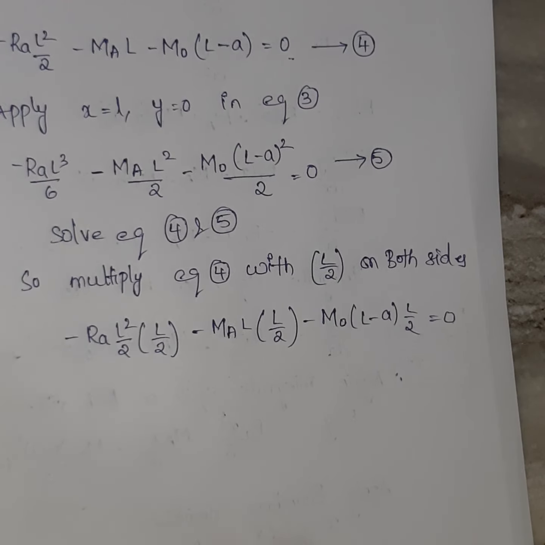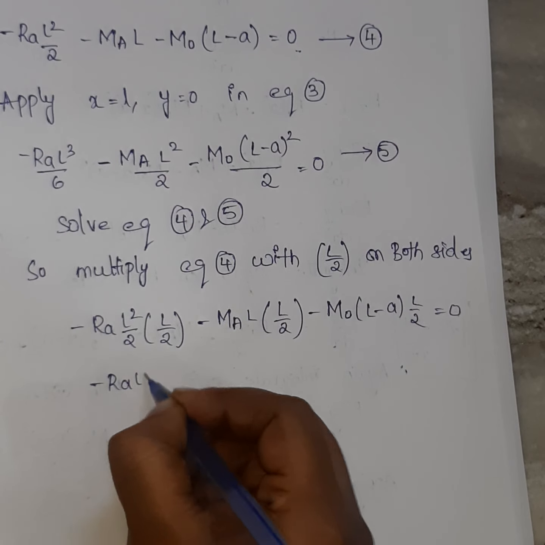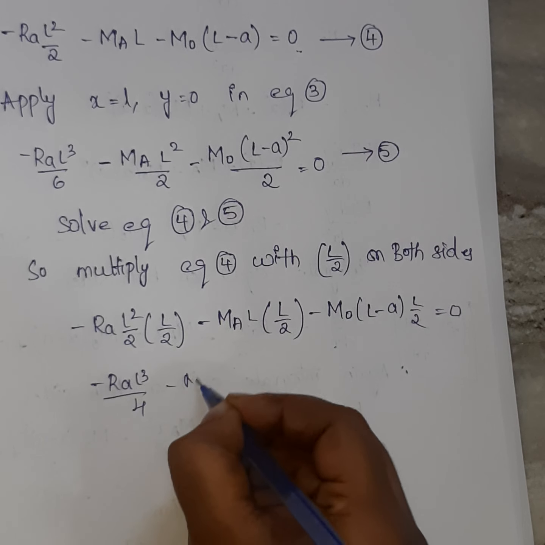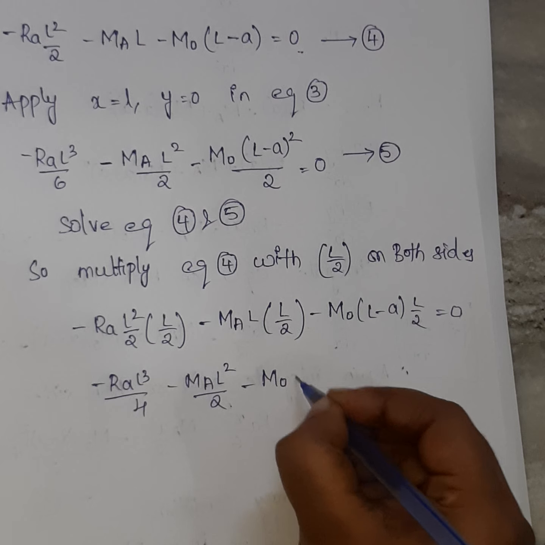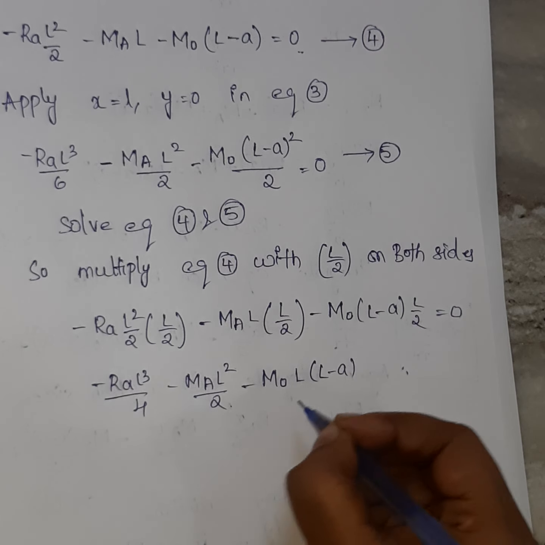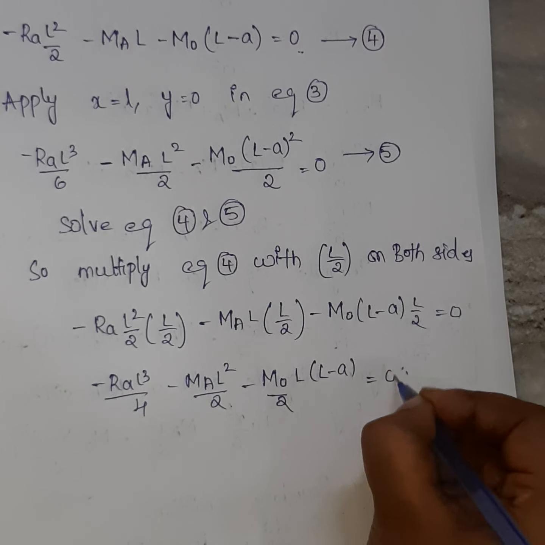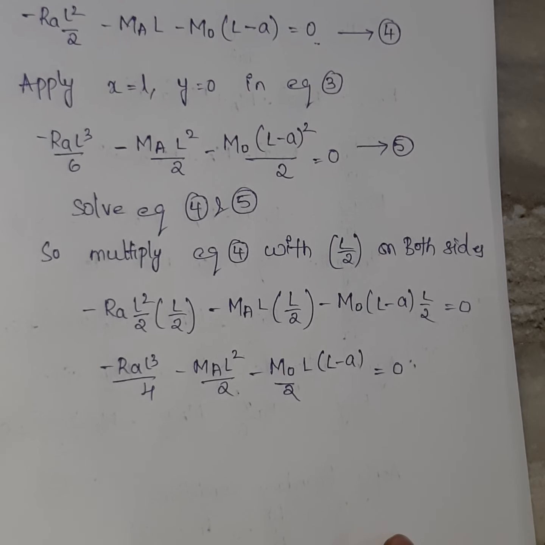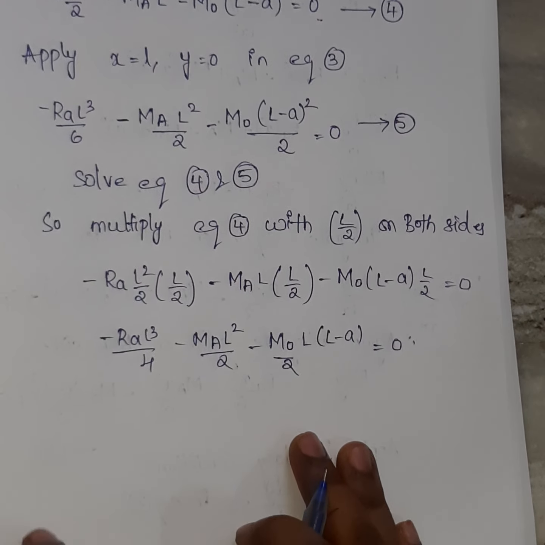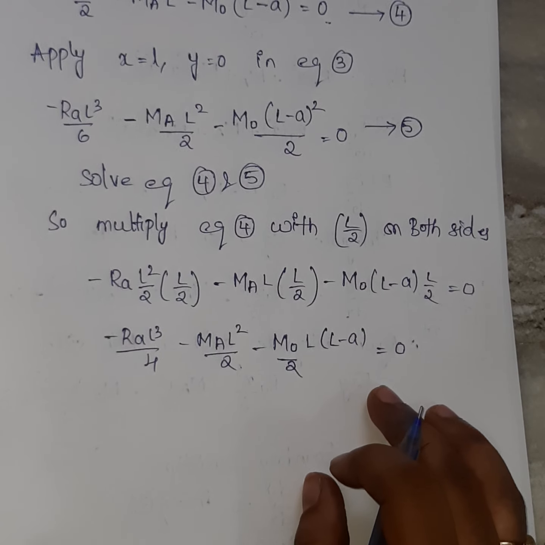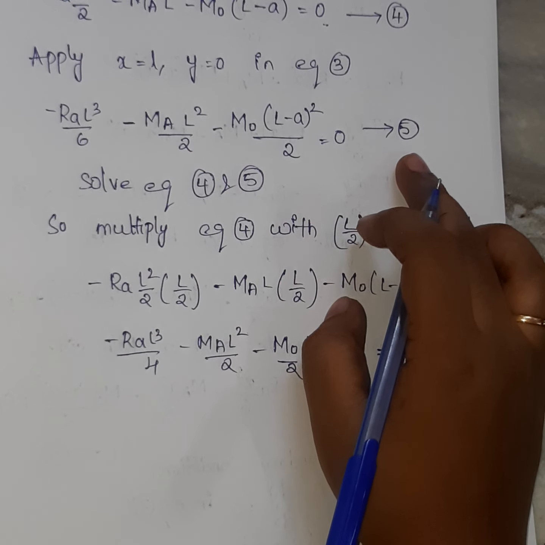So the equation will be: minus RA L cube by 4 minus MA L square by 2 minus m naught L into L minus A by 2 is equal to 0. This is the equation I have got. Now I am writing the fifth equation.